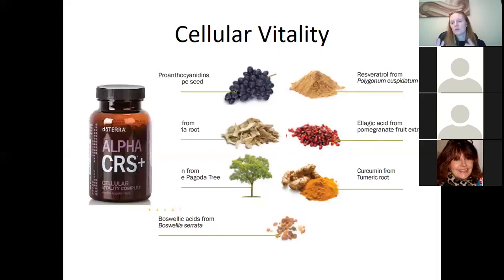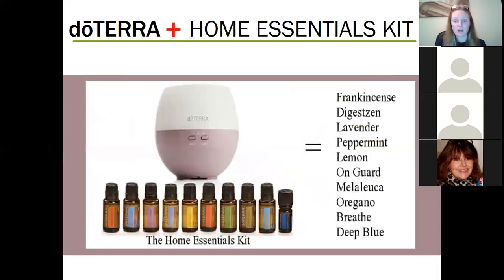It gets rid of any free radicals floating around your body, which are really, really bad for you, and you get them from things like air pollution and sunlight. So it's a protection as well as something that can really help to repair your body. And as I say, we now wouldn't be without using the LLV on a daily basis. It's really been a massive change for us with our health.